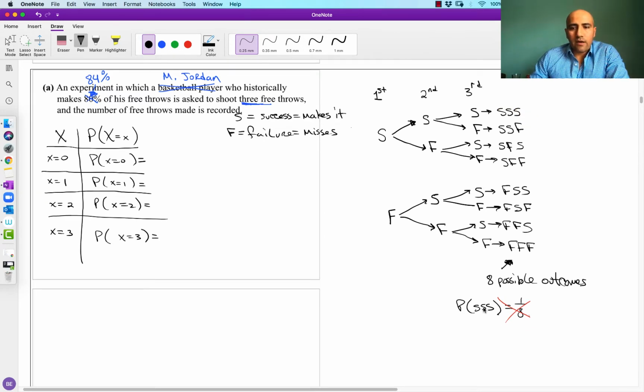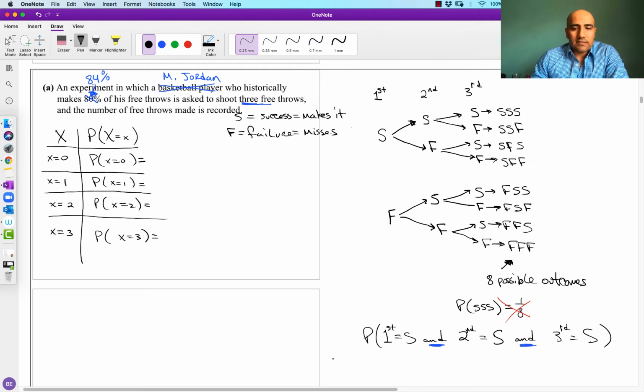So to figure out this probability, it's really the probability that the first attempt is a success and the second attempt is a success and the third attempt is a success, right? So we have 3 different statements here, glued together by this and, and they're all independent.